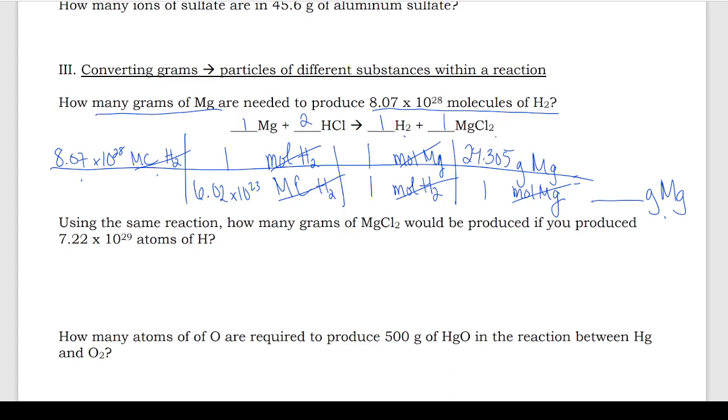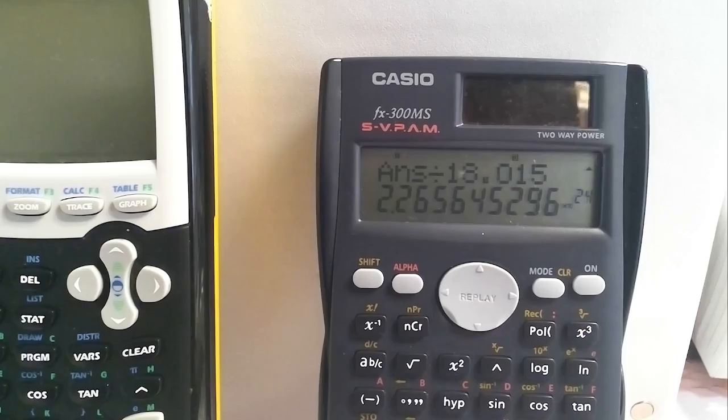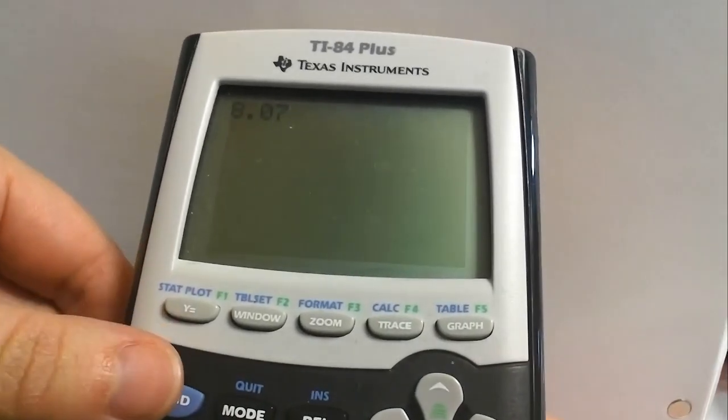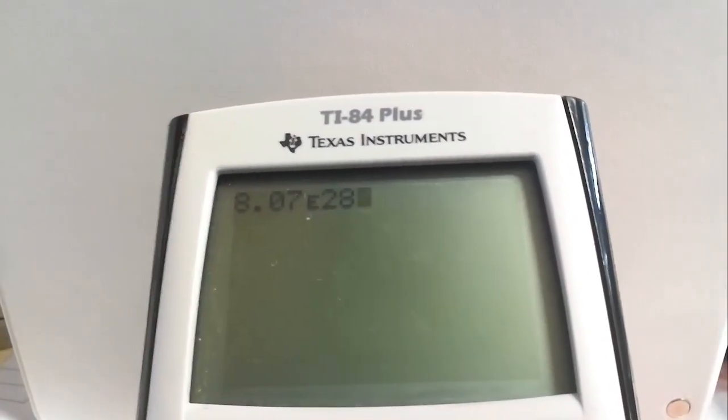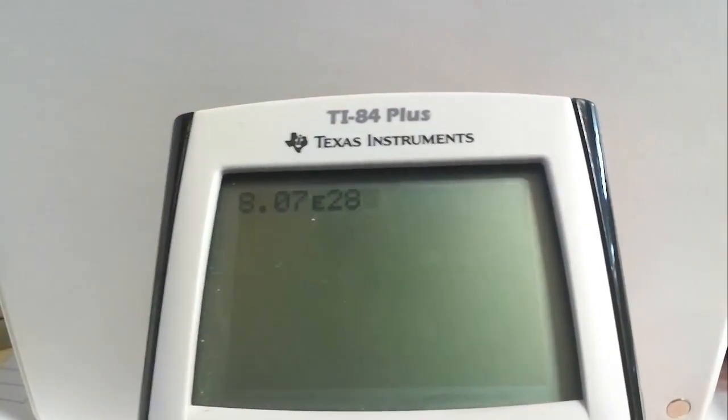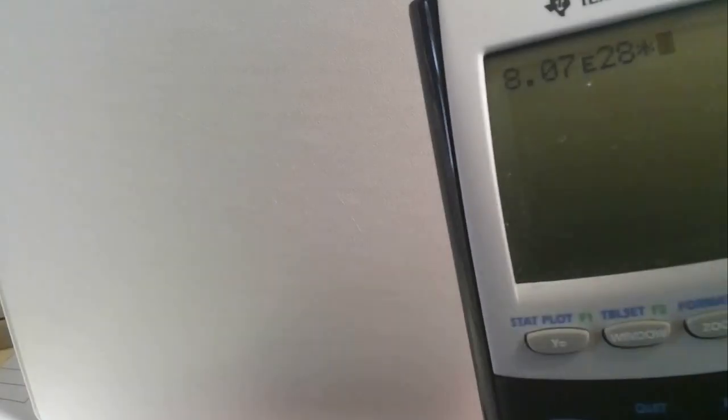And then we're going to type all of this into our calculators. So setting this up again to show you what we're calculating. So that's from the previous calculation. I'm going to use the graphing calculator first. So typing in 8.07, and then I use second, comma, so shift log on the other calculator, 28. 8.07 times 10 to the 28th, and then I multiply that by the molar mass of magnesium, which is 24.305.